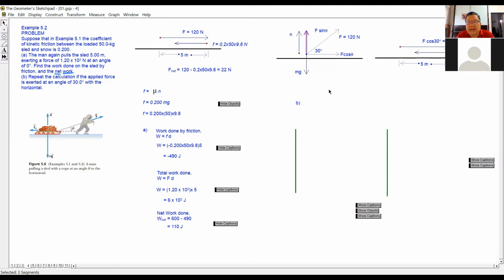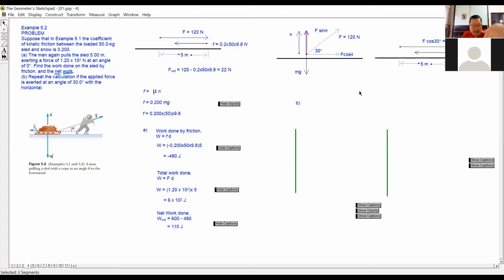What I mean by lighten the burden: we know that the force acting downward is the weight mg. Now, if the force is acting horizontally, then this mg will be equal to the normal reaction. But because of this F sine theta acting vertically upward, it will actually reduce the normal reaction.